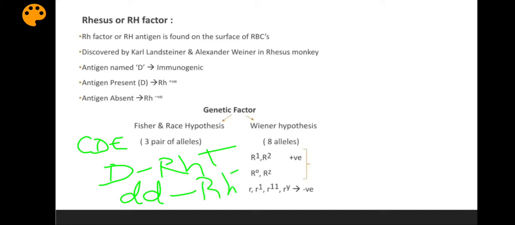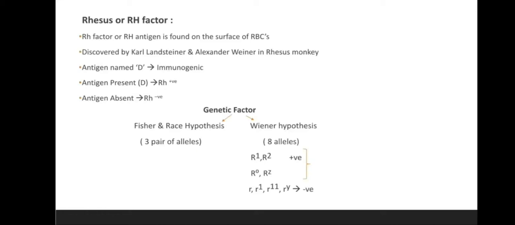Then the other hypothesis, Wiener's hypothesis. In this hypothesis, there are 8 alleles located in a single locus. All dominant alleles produce the RH positive type, and all recessive types produce the RH negative type.